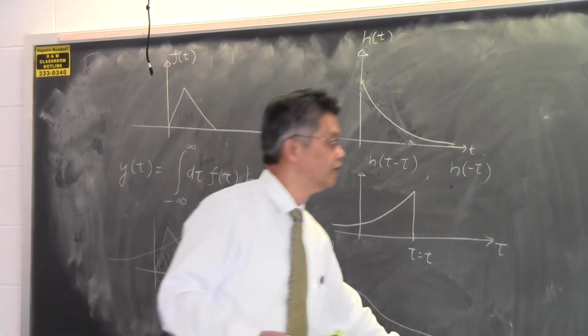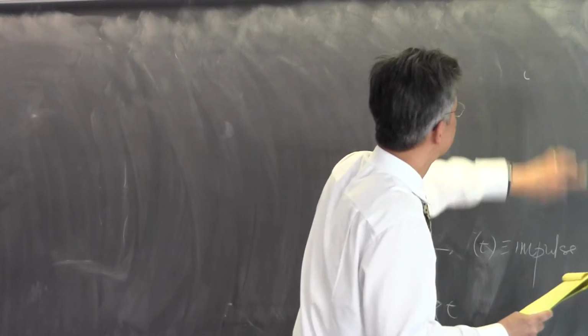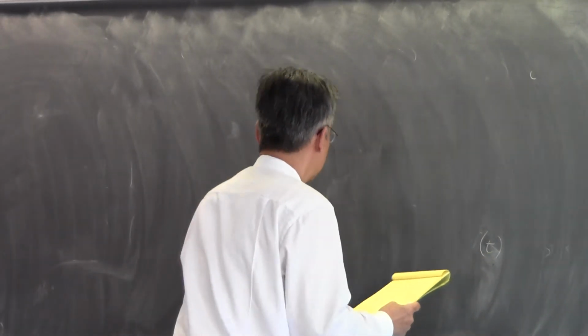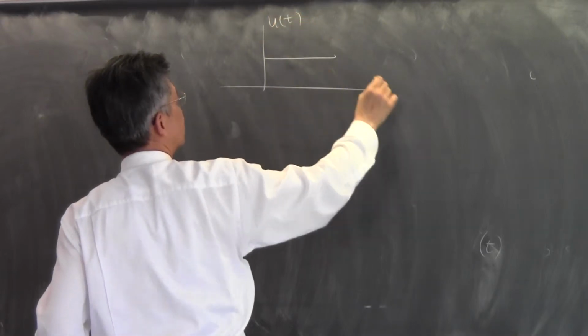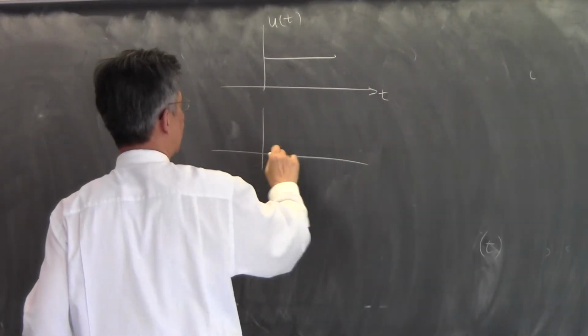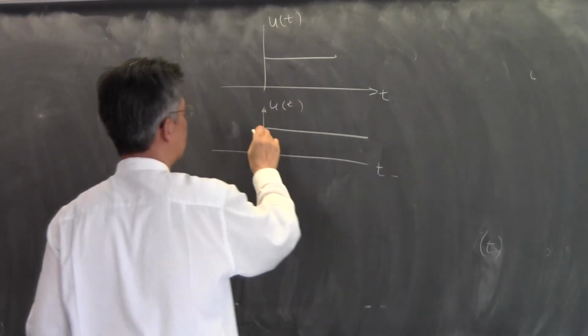So, if you have two unit step functions and you convolve them together, what do you get? If you have one unit step function convolving with another unit step function, what do you get?